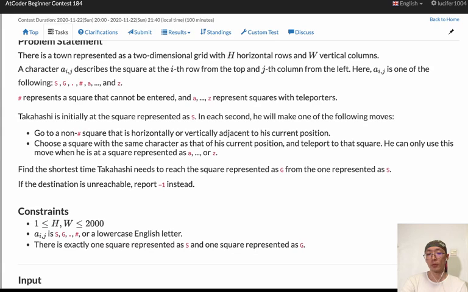Because when we first used the teleport, we are at a cell whose letter is A, and suppose we take D steps to go from S to A. Then here we will use the teleport, and we will go from this A to other A's.